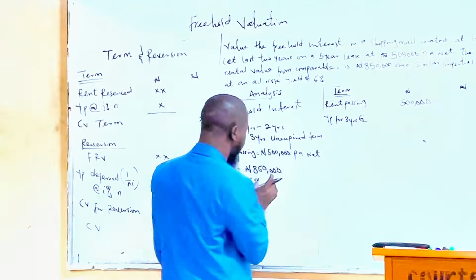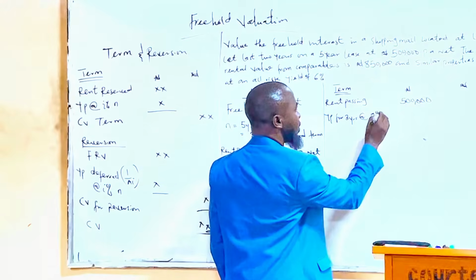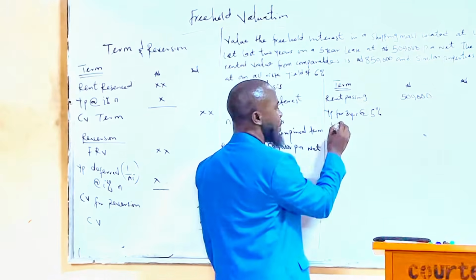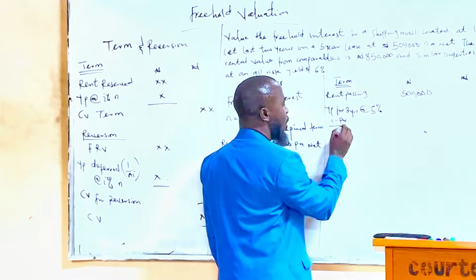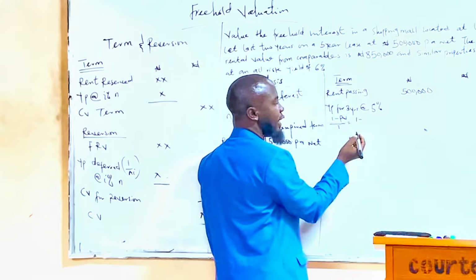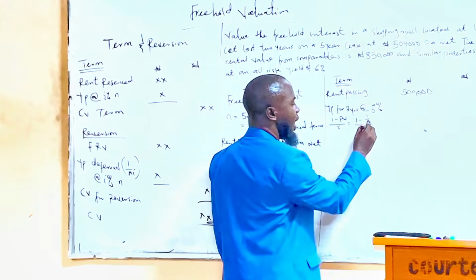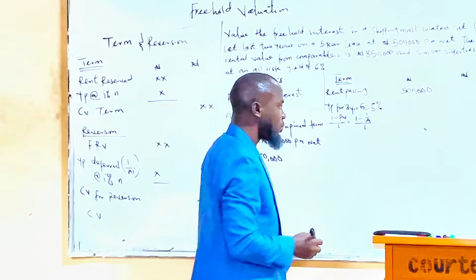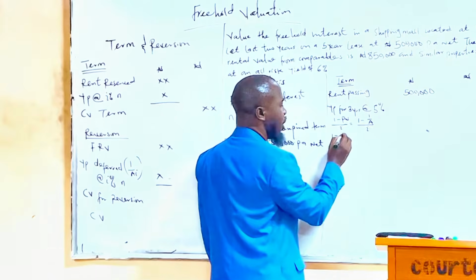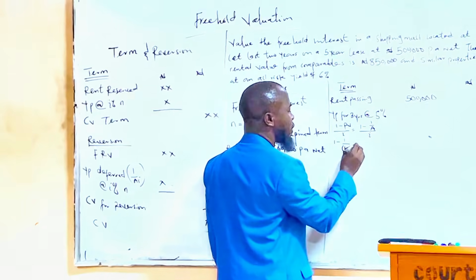So if this is 6%, this one will be 5%. And the formula is 1 minus PV all over i. PV is 1 over A, so 1 minus 1 over A, all over i. A is 1 plus i all raised to power n.